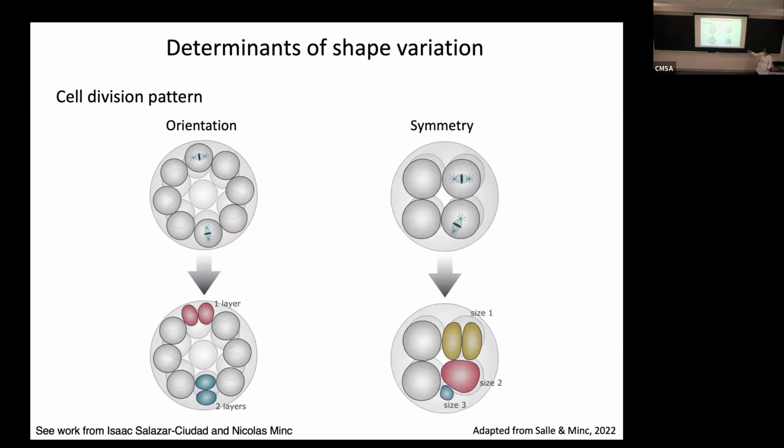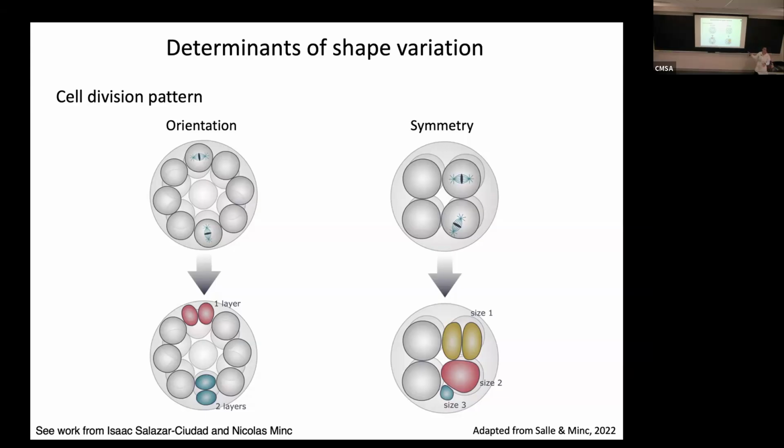The other thing that we touched upon is symmetry versus asymmetry of cell division. You can divide a cell into equally or more or less equally sized cells, or you can divide a cell into one that is much tinier and one that is much larger, and that is going to change the shape. Not only the shape, but also the synchrony.